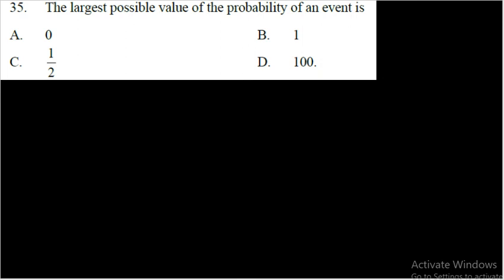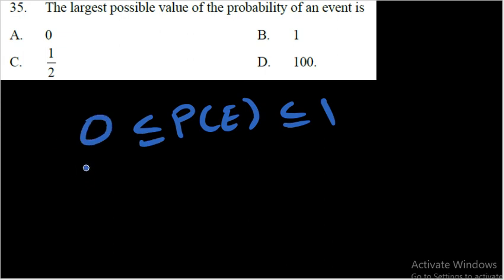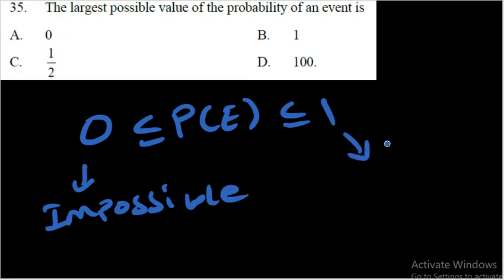Next question. The largest possible value of probability of an event is, it's obvious, 1. No need of calculation here. Probability of an event is less than or equal to 1, and between 0 and 1. 0 means impossible event, and 1 means we can say it is a sure event.